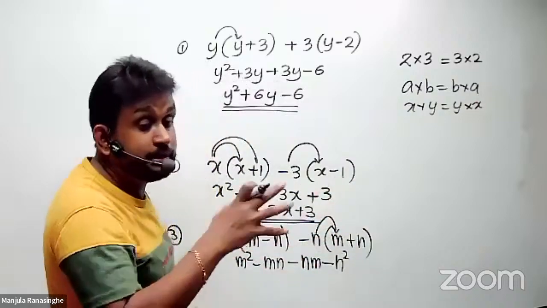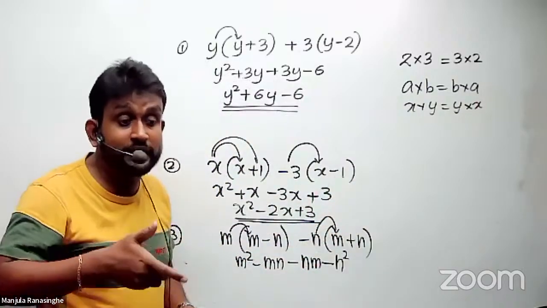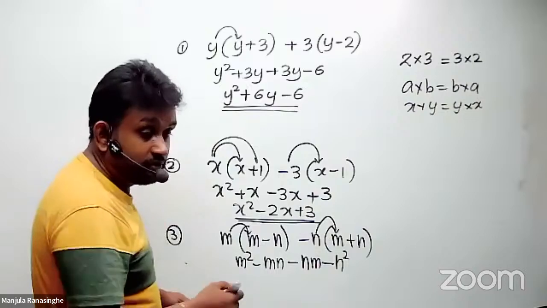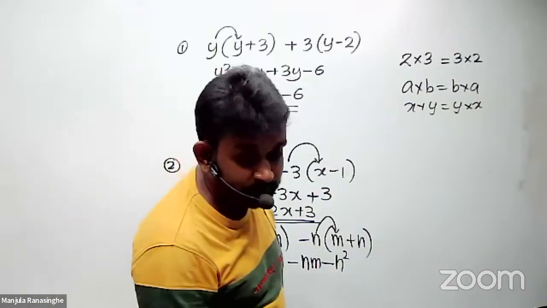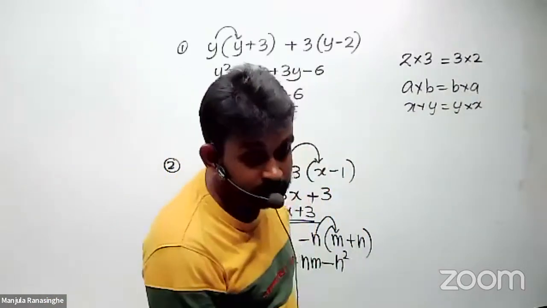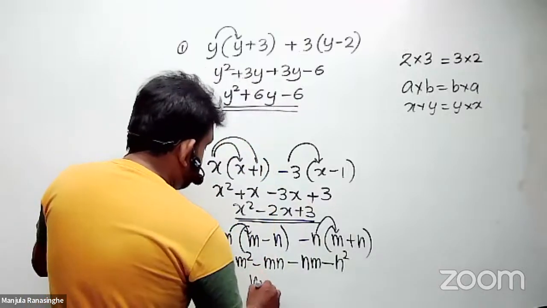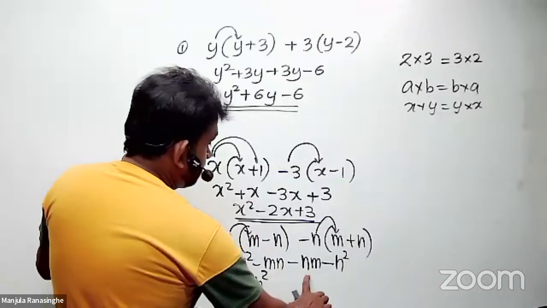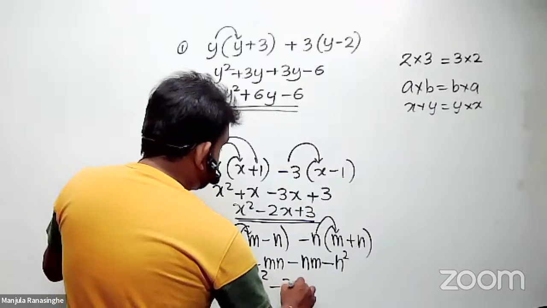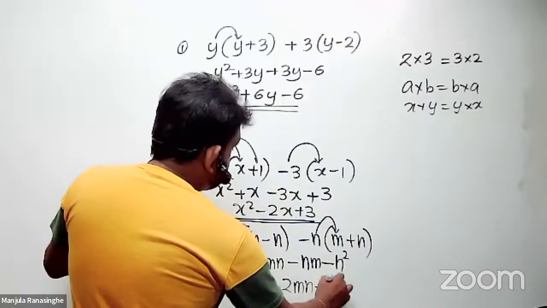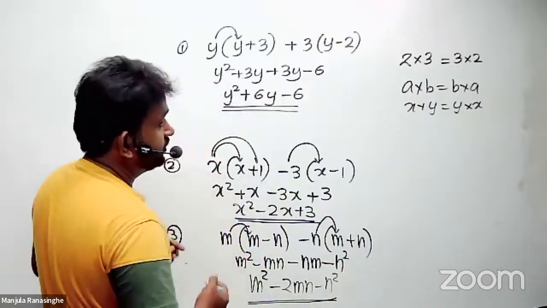It means AB, BA are the same terms, XY, YX are the same. So now you can add up here: m squared minus 2mn minus n squared, right?